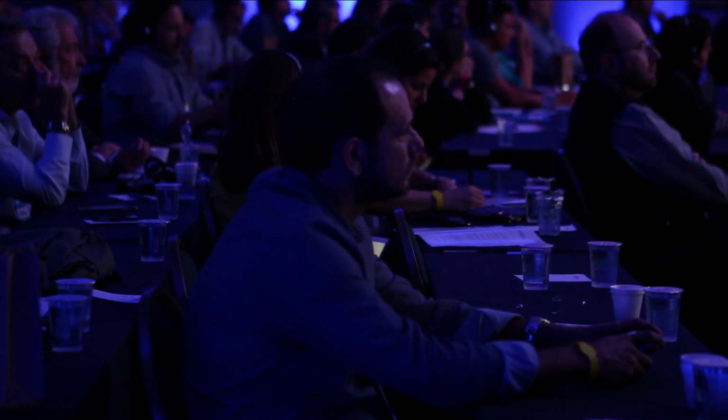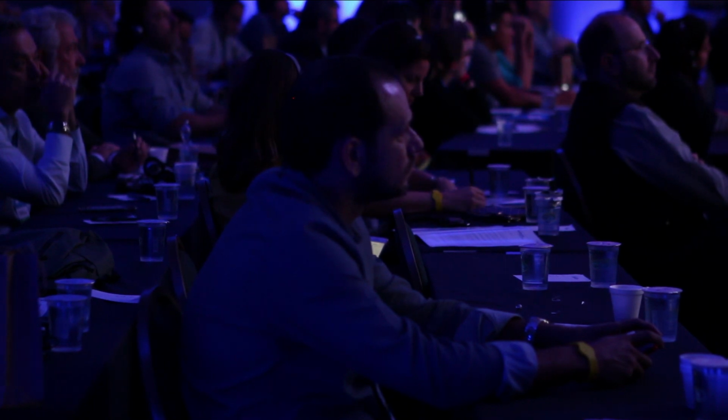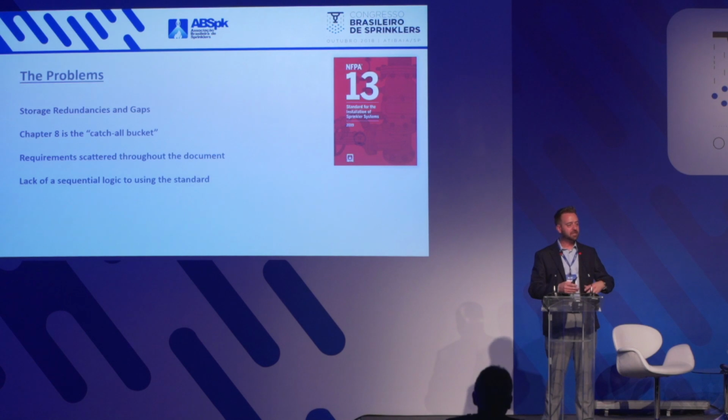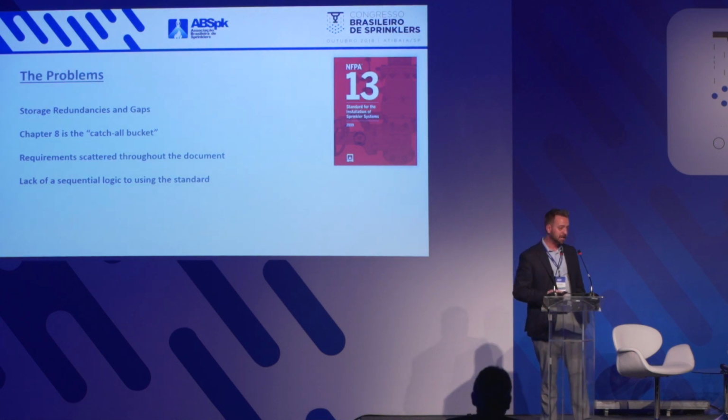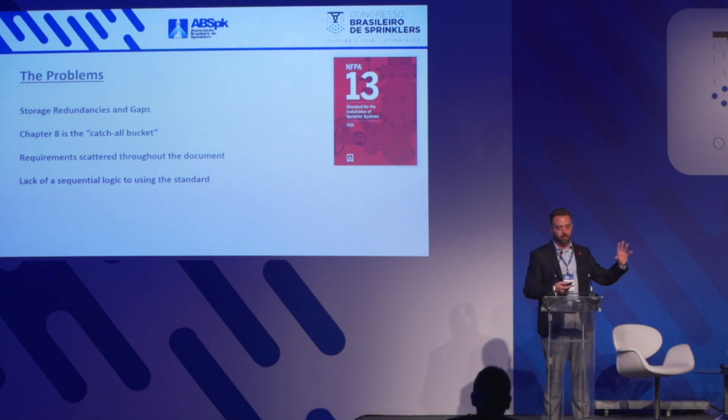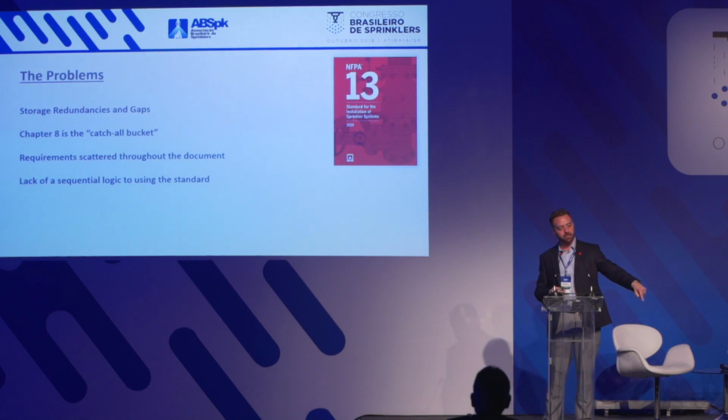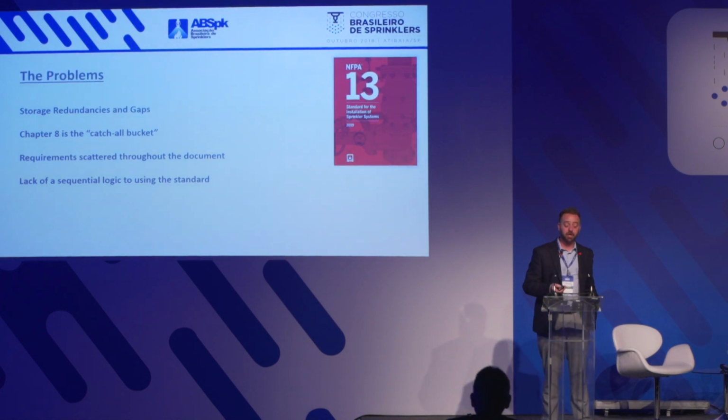You had concealed spaces. So there was a lot of information in Chapter 8. So Chapter 8 has been completely broken down, and all that information can be found in different chapters now. And then there was lack of sequential logic to using the standard. So now it's going to be set up: if you have a certain type of sprinkler, you go to this chapter to find the information on that sprinkler.